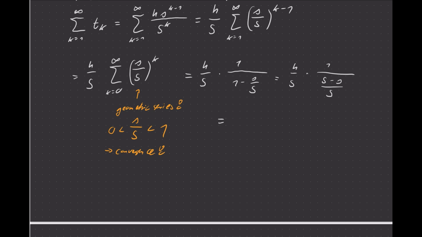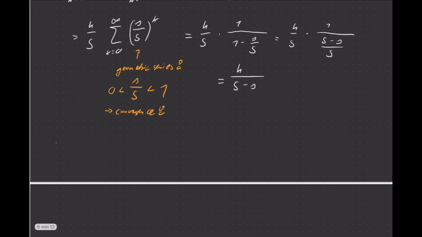So what we get is h over capital S minus s. And indeed, the series does converge to a finite time. So this is when Achilles will overtake the tortoise.